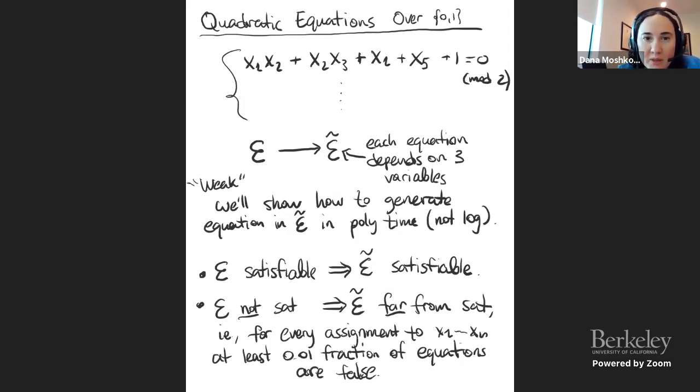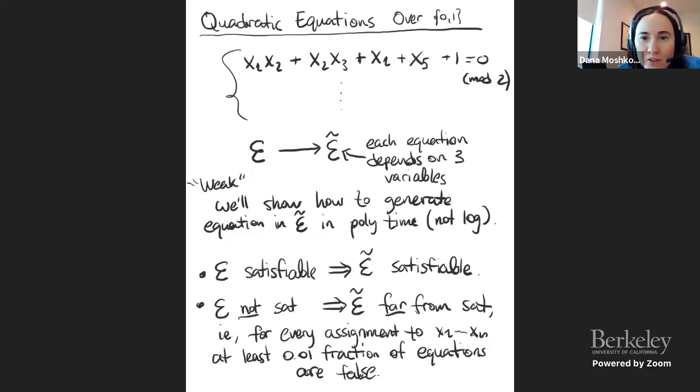Let's see, what are my questions? Each equation in E tilde is generated in polynomial time, but E tilde itself takes exponential time to generate because there are exponentially more equations. That's true. Good.